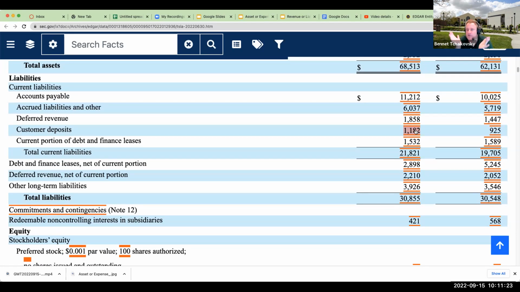So if I receive money from a customer and I haven't done the work or I haven't delivered the goods, or it's for a deposit for something that has not yet been created or mass produced, I have to record the credit as a liability. I know I'm debiting cash because I've got the cash from the customer, but I can't record it as revenue, right?